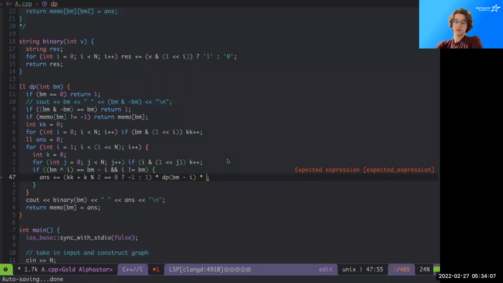I don't know if you can compute that efficiently, let alone this efficiently. But you need a different function to compute that, and then you would do dp of bm minus I. Otherwise, this won't probably work.